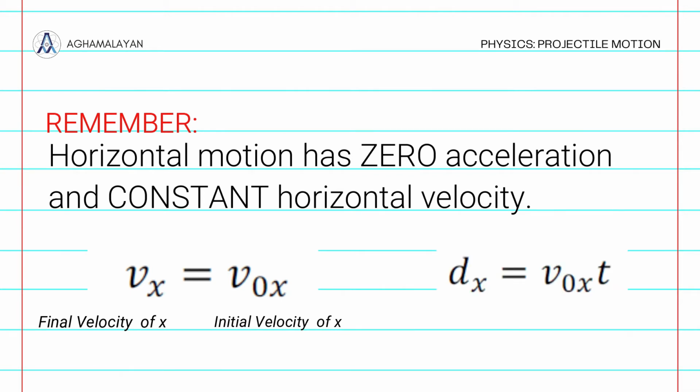And dx, or distance traveled horizontally, would be equal to v0x times time. Again, that's why we recommend that you have prior knowledge of linear kinematics, since this is just an application or a combination of linear kinematics from a horizontal perspective and a vertical perspective.